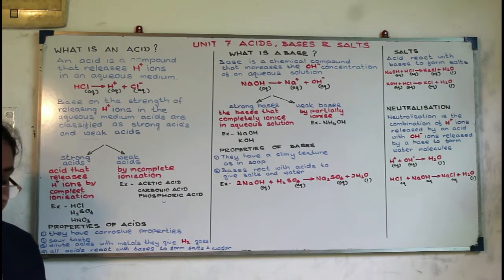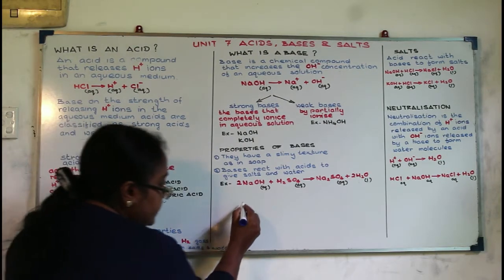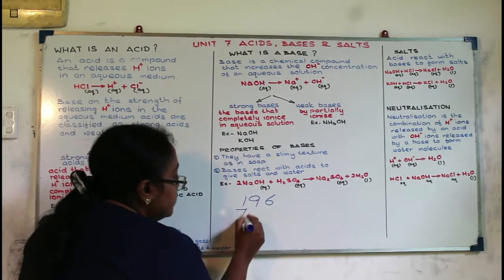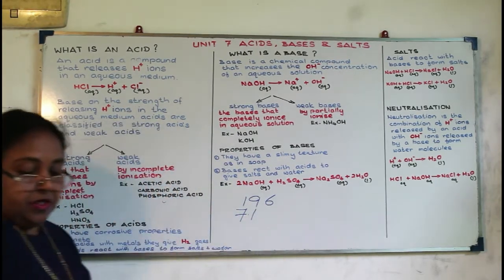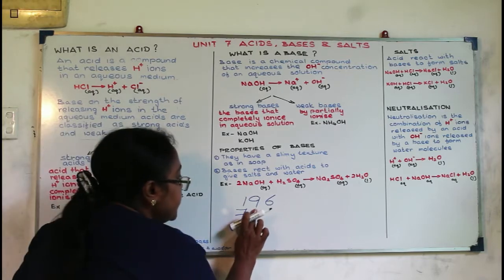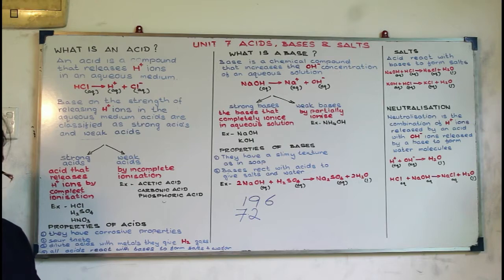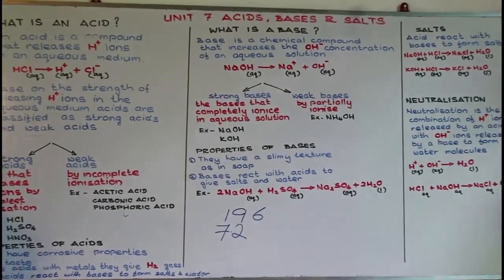When you refer to page number 196, table 7.2, you can see the indicators and the colors shown in the acidic medium and basic medium.